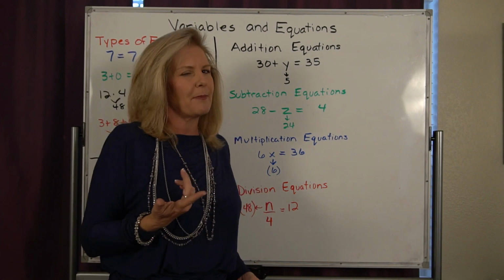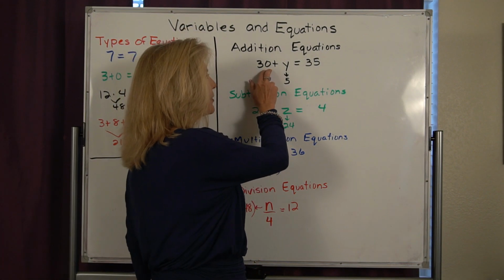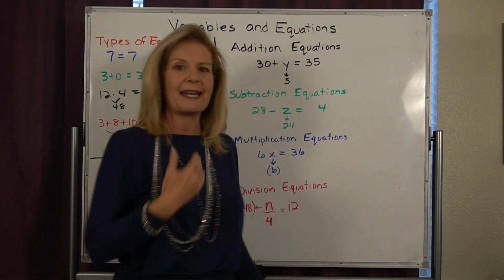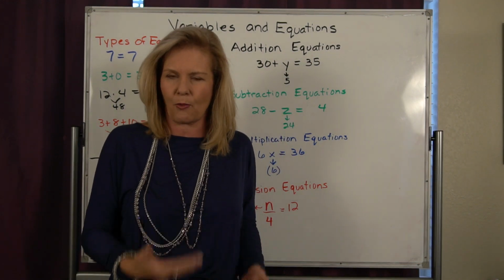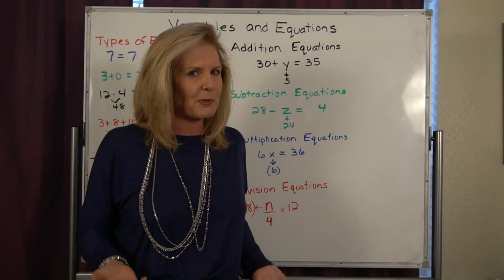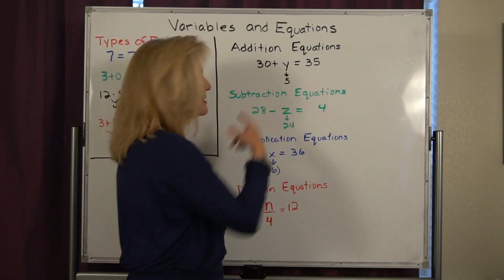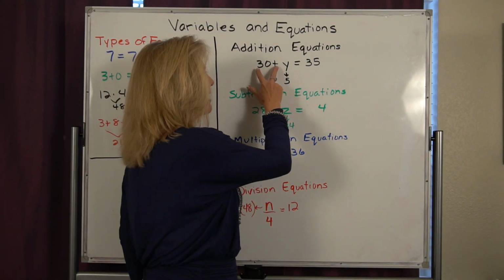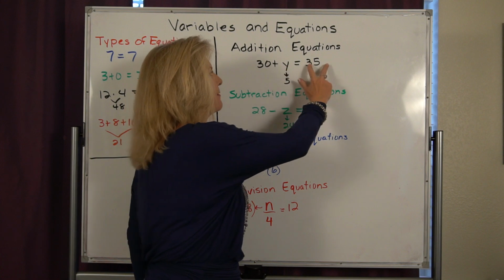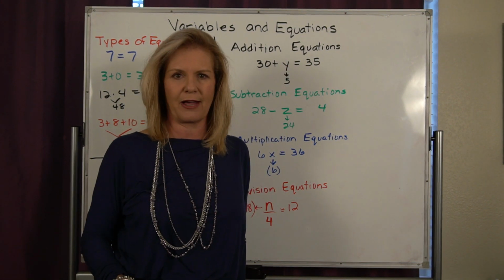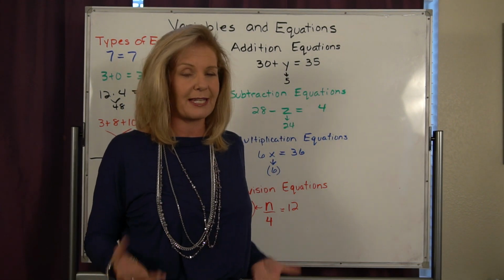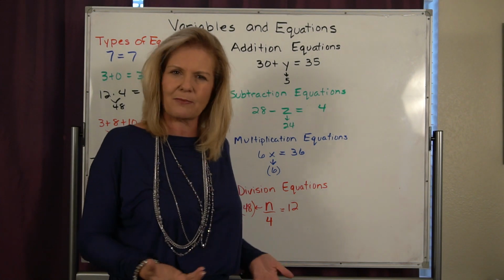Well, then I can use my mental math, because if I already have 30 and I don't know what that number is that is hidden behind y, well, I can guess pretty easily that y must equal 5 because I have to have this side equal 35 if this side is equal to 35. So you don't have to always solve things by actually calculating them, just use some mental math.